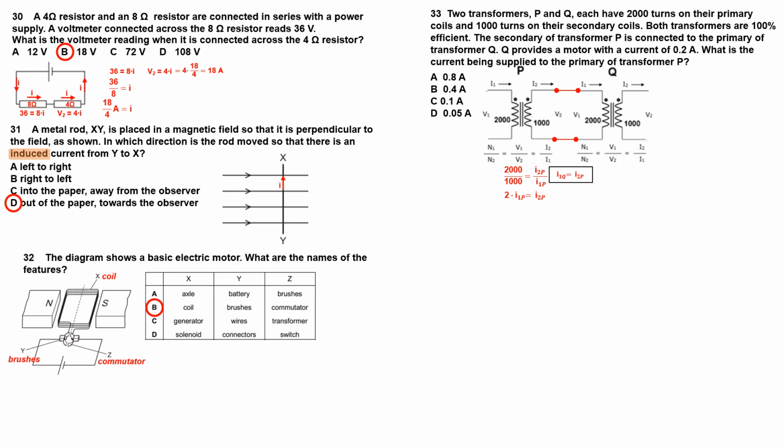We can again use the turns ratio for transformer Q to find the relationship between its primary and secondary currents. In transformer Q, the secondary current is 2 times greater than the primary current. Since the secondary current in transformer Q is 0.2 amp, the primary current in transformer P would be 0.05 amp.